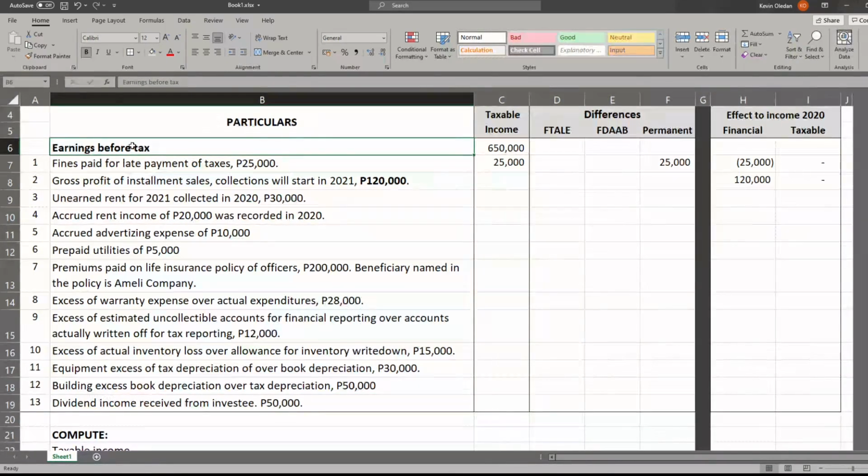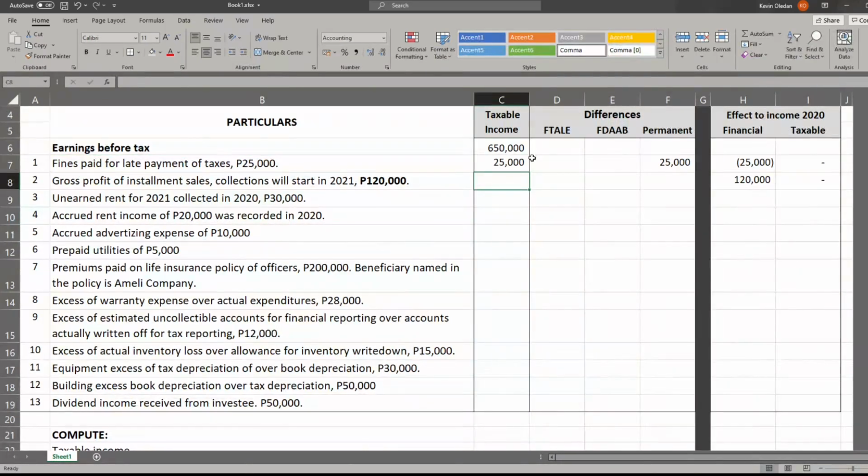So ano mangyayari dito? Ang 120,000 po, in arriving at your taxable income, it will be deducted. Why? Because it's not yet taxable for 2020. It will be taxable in 2021 though. Which is why it becomes part of your future taxable amount. It's a future taxable amount.